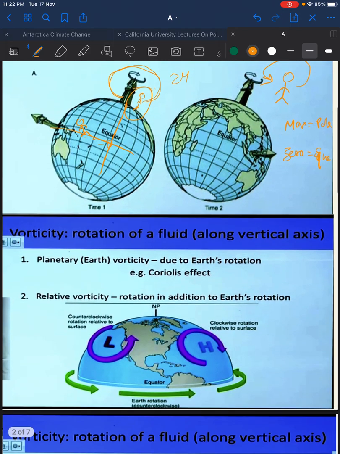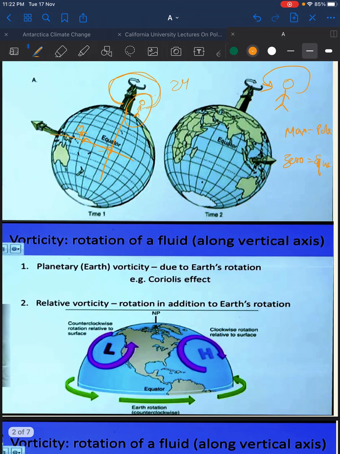Now planetary vorticity is due to Earth's rotation and the Coriolis effect. Then we have the second vorticity called relative vorticity. So what is relative vorticity? Suppose right now I am standing at say 15 degrees north. The latitude of Goa is around 15 degrees north. Right now I am not rotating with respect to the earth; I am just sitting on my chair.